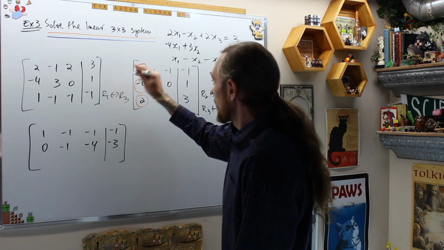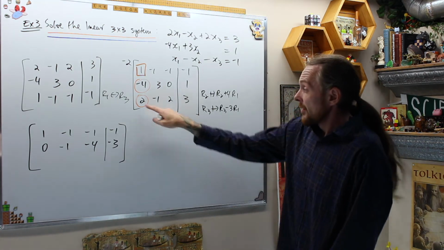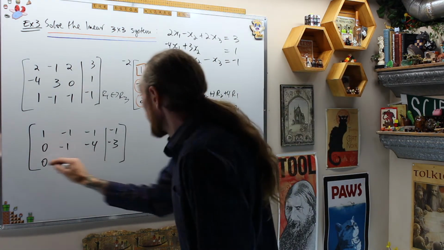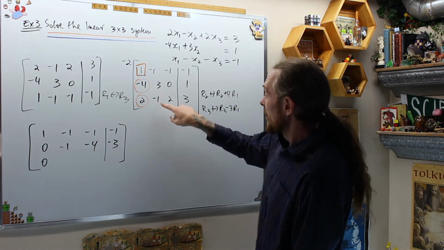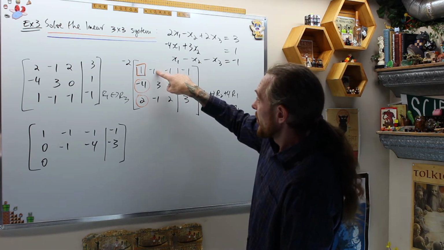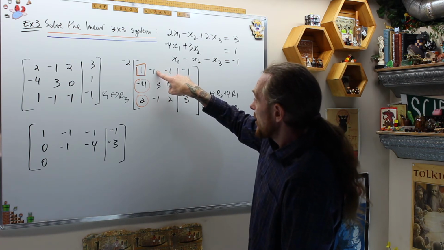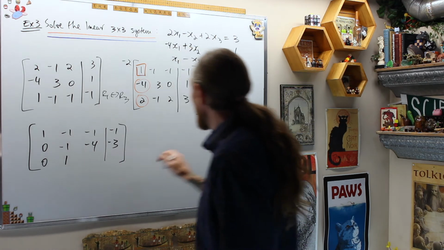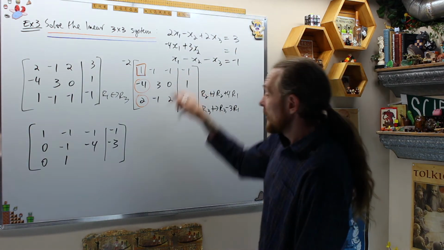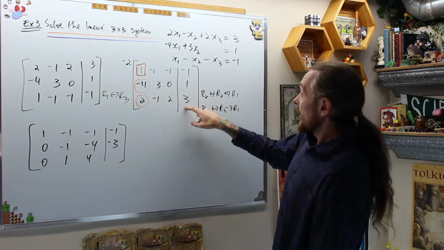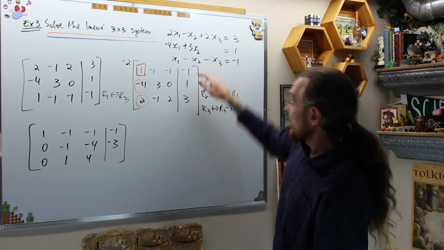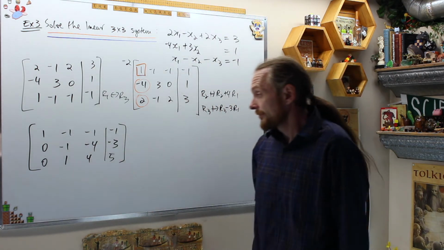Then what we're going to do is multiply by negative 2. 2 minus 2 is 0. 1 plus 2 is positive 1. 2 plus 2 is 4. And 3 plus 2 is 5.